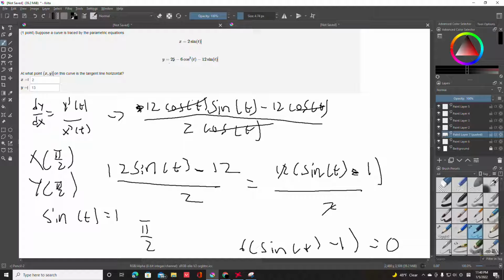And for y, we plug in pi over 2. 25 minus 6 cosine squared of pi over 2, that just becomes 0. So 25 minus 12 sine pi over 2, and 12 sine pi over 2 just becomes 12. So it's 25 minus 12, which is 13. So it's 2 and 13. We would just basically plug in pi over 2 into the original equation.